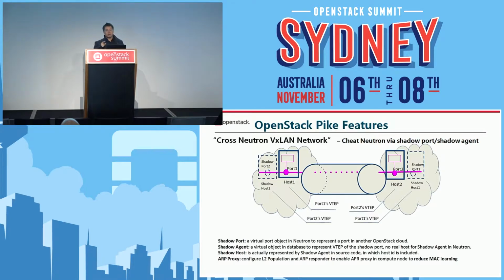So the shadow port is bound to the shadow agent, but without any real host to run this port. And during cross-Neutron VXLAN networking, we propose to enable the ARP proxy so that you can reduce the MAC learning between different Neutron servers.